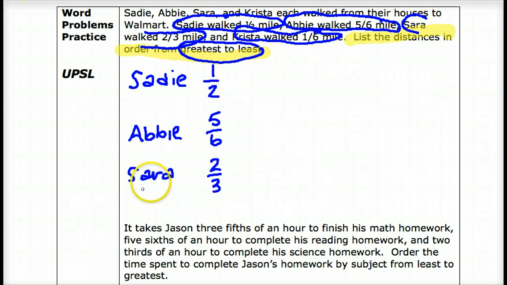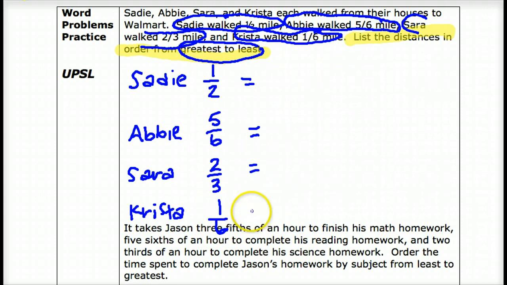And that Krista is 1/6. So looking at all of those denominators, we can see that all of them would divide evenly into 6. So we're going to go ahead and set them equal to 6.